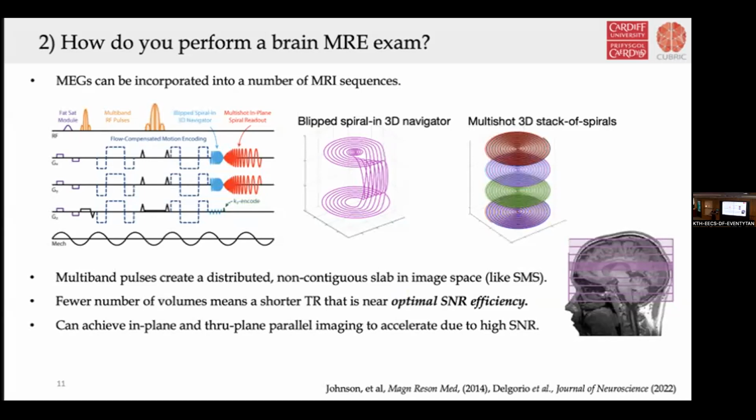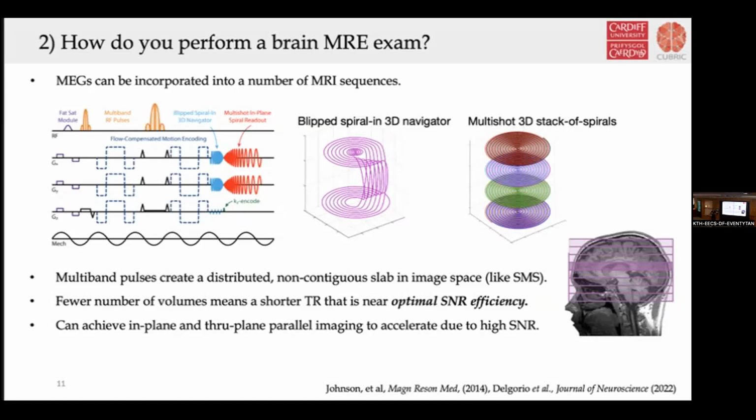readout time. And one of the imaging sequences I'm most familiar with is the so-called multi-band, multi-shot spiral sequence, which was developed at the University of Delaware and has since been applied in numerous clinical studies. This is where coverage is divided into multiple slabs or slices. The fewer number of volumes means a shorter TR that is near optimal SNR efficiency.